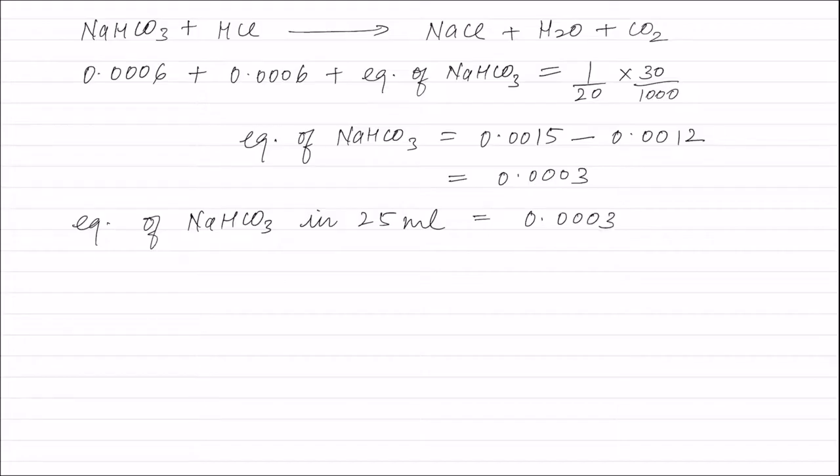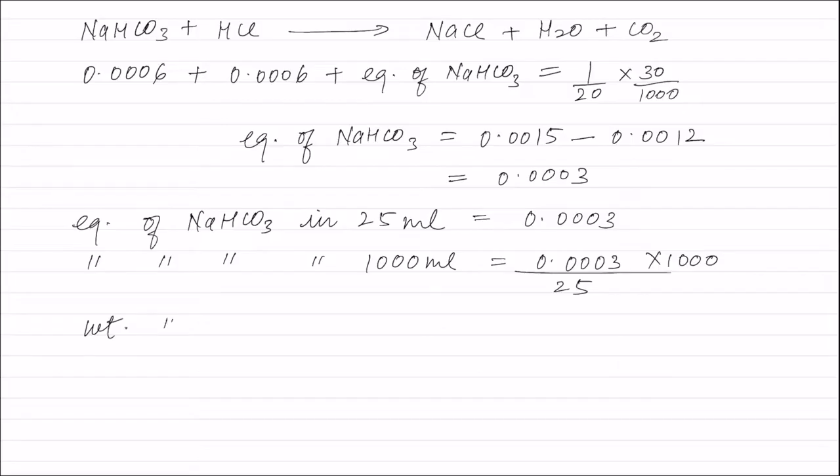0.0003 equivalents, and equivalents of NaHCO3 in 1000 milliliter of solution will be equal to 0.0003 divided by 25 into 1000 equivalents, and from this weight of NaHCO3 in 1000 milliliter will be equal to 0.0003 divided by 25 into 1000 into equivalent weight of NaHCO3, that is 84.